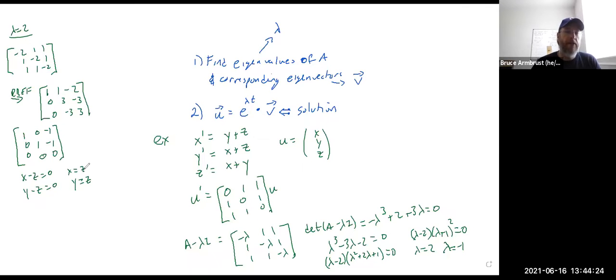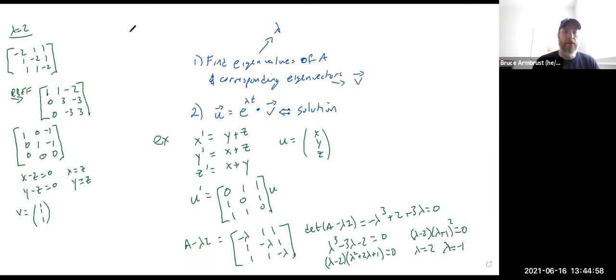Whatever I choose for z, my x and y are going to be the same. So for an eigenvector, pick z to be 1, then x and y are the same. So there's the corresponding eigenvector to go with the eigenvalue of 2. All right, so there's that one.